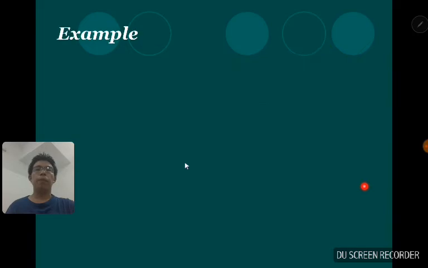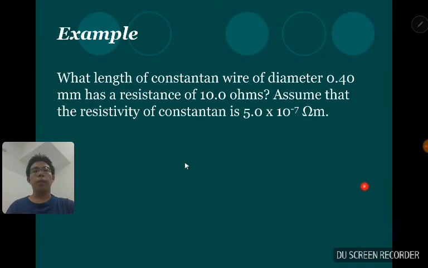Okay, so let's look at some examples. What length of constantan wire of diameter this has a resistance of 10 ohm? Assume that the resistivity of the constantan is 5 times 10 to the power of negative 7 ohm meter.